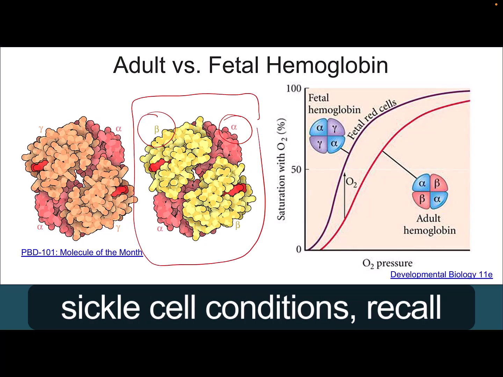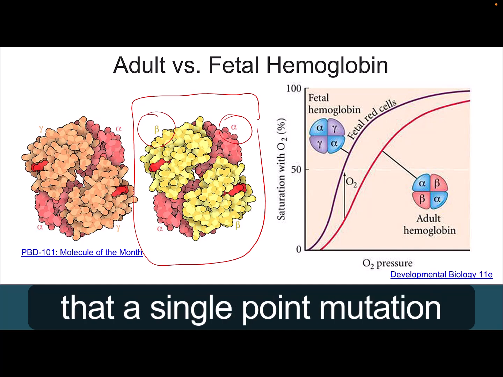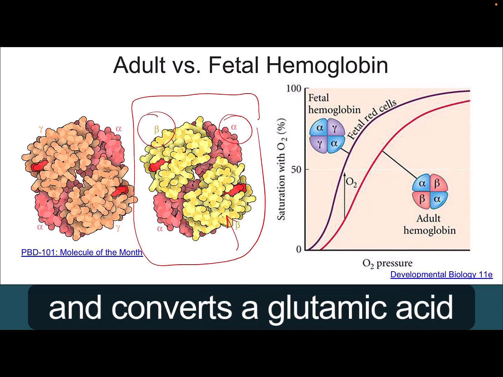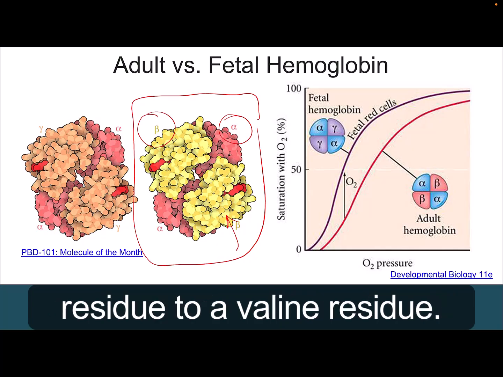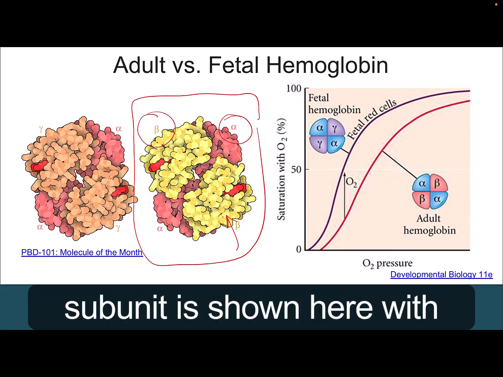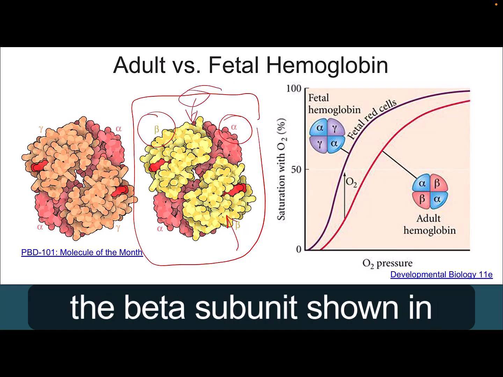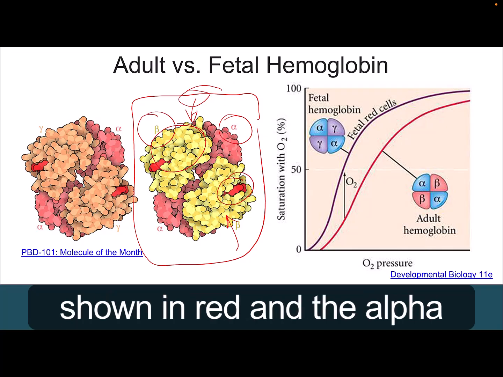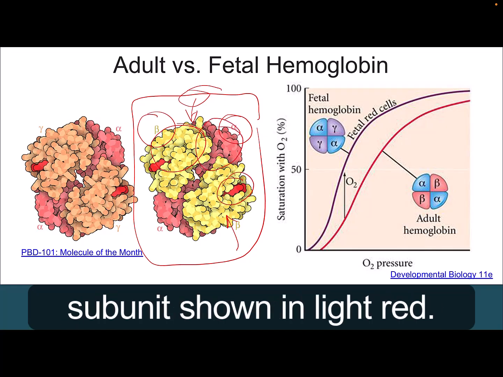In the sickle cell condition, recall that a single point mutation occurs in the beta subunit and converts a glutamic acid residue to a valine residue. The hemoglobin tetramer with the alpha and beta subunits is shown here, with the beta subunit shown in yellow, the heme cofactors shown in red, and the alpha subunit shown in light red.